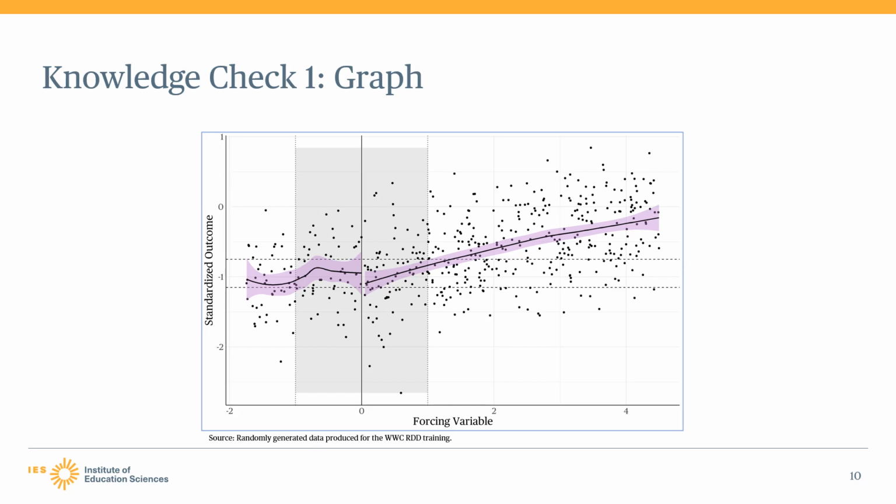And the distance between the dashed horizontal lines equals 2 times the standard error of the intervention impact estimate. So again, based on this graph, does this study satisfy RDD Criterion 3A for graphical continuity in the outcome forcing variable relationship? Your choices are A. Yes, or B. No. You may want to pause the video now to think about your answer.